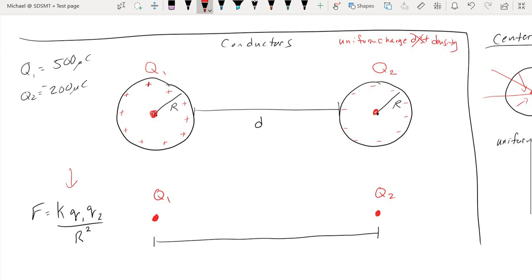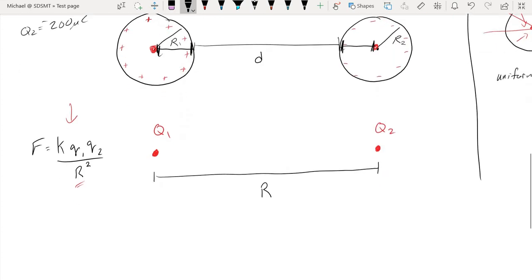And so the separation distance between the two charges will now have to incorporate the radius of each individual sphere. So maybe we call this R1 and R2. We said they were going to be identical, but the full radius that is going to be inserted into our force equation will have to be the combination of the two radius values and the separation distance between the spheres.